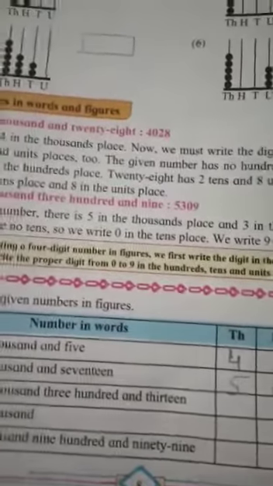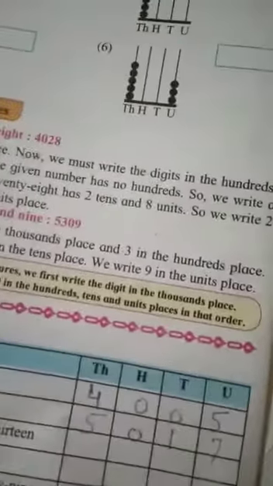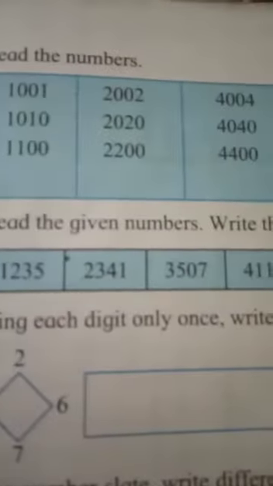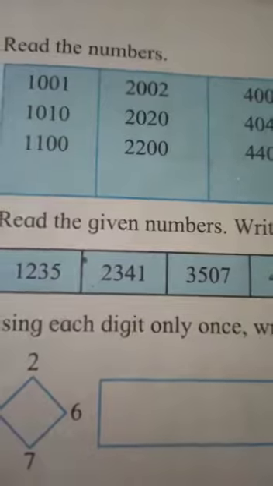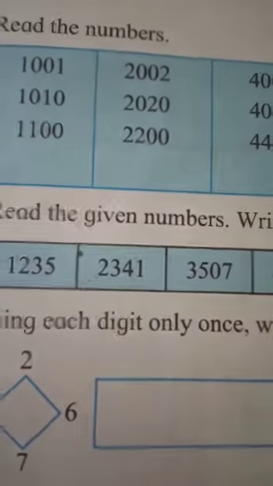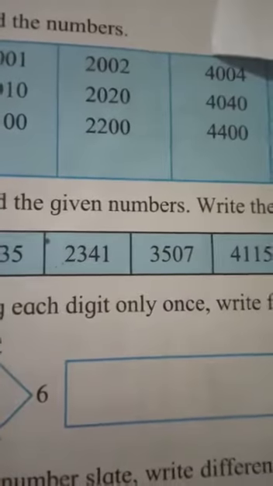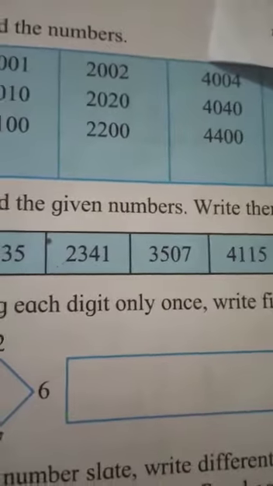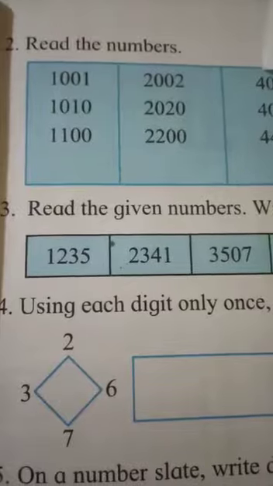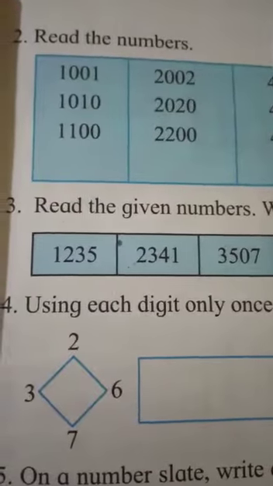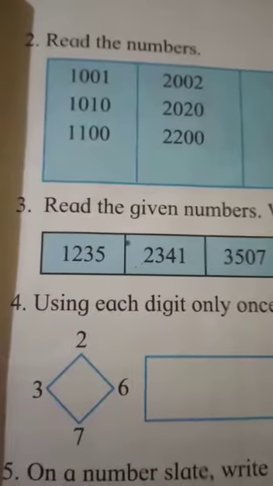Now the last exercise. See here. Read the numbers. How to read and write the numbers. See the first one, read the numbers. What is it? 1001. 1001 means what?